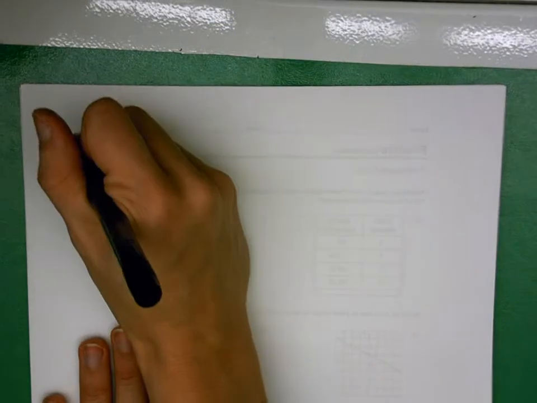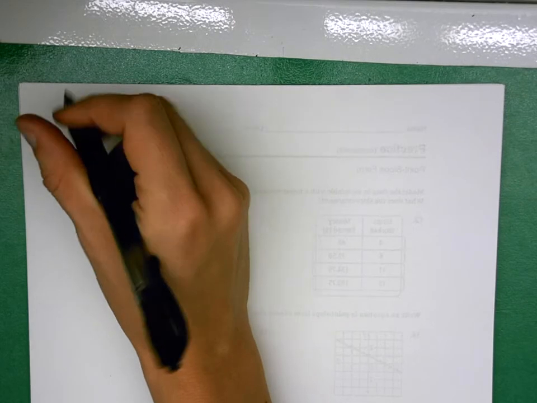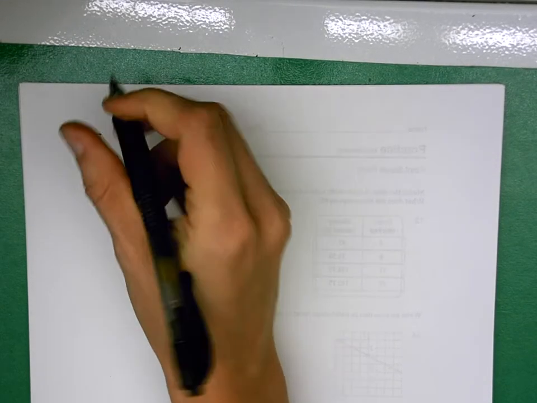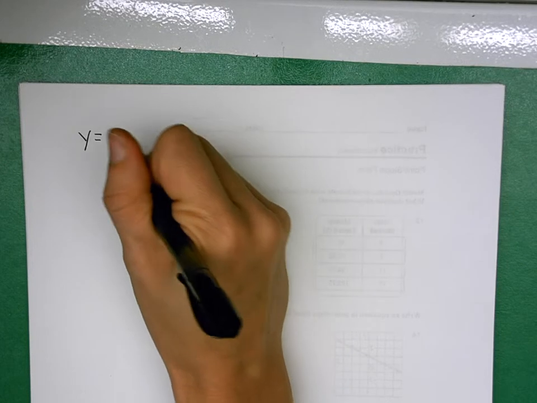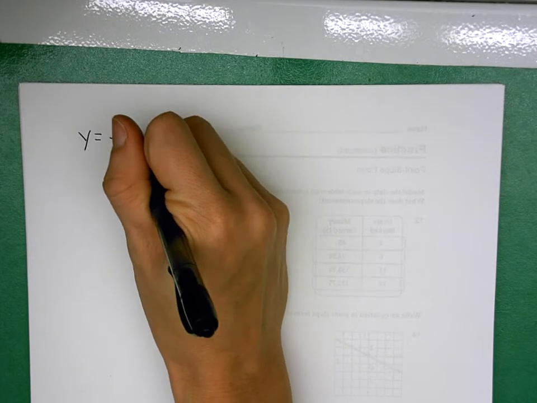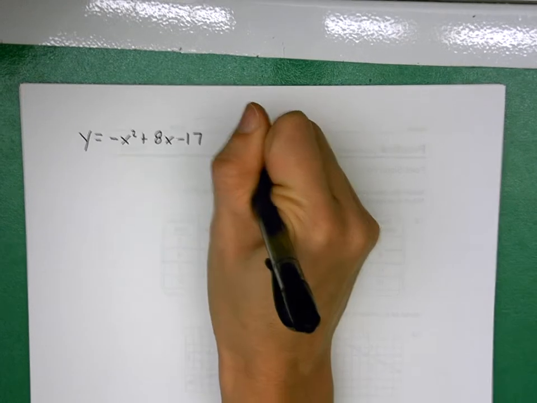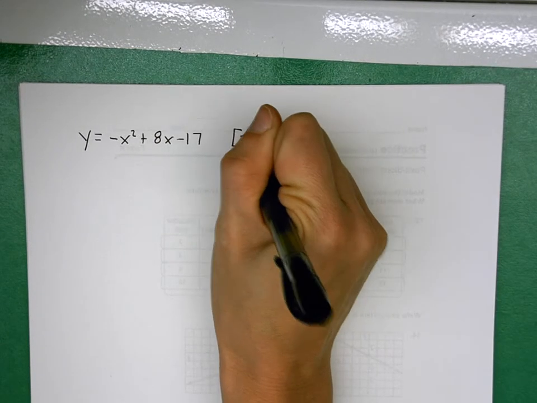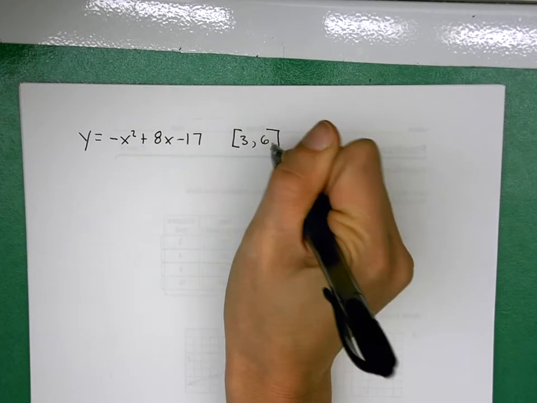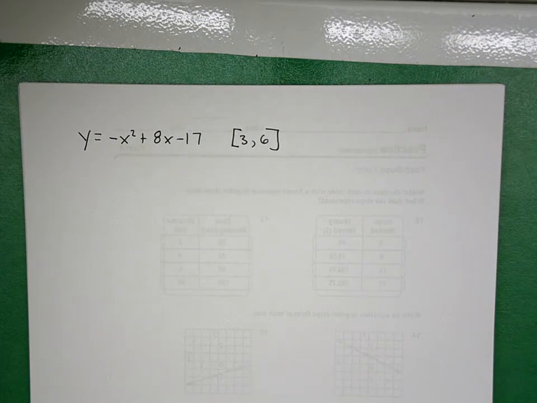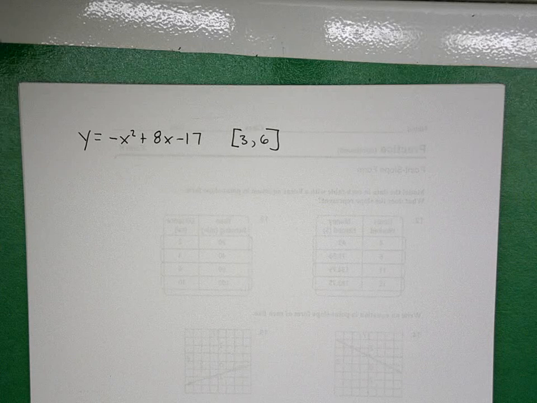Right? Okay, so let's go ahead and do then our y equals -x squared plus 8x minus 17 on 3 to 6. Okay.